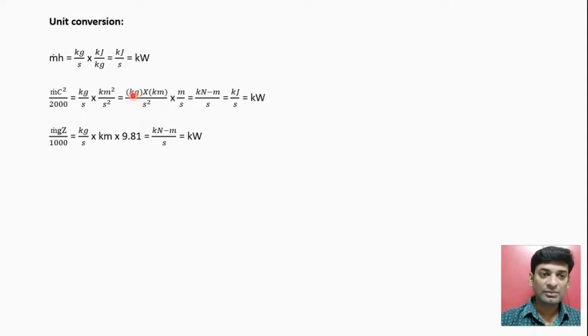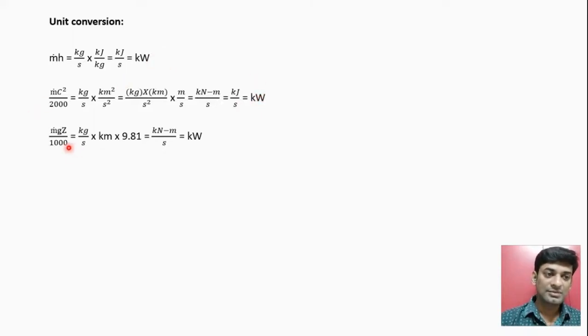This kilogram, kilometer, second square, this entire term is nothing but kilonewton. Keep it in mind. Remaining thing is meter per second. 1 Newton meter is nothing but 1 joule. So this expression can be mentioned as kilojoule per second, that is also called kilowatt. So first term also kilowatt, second term also kilowatt.